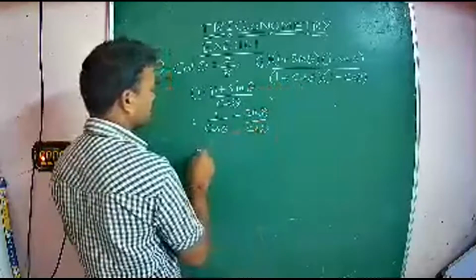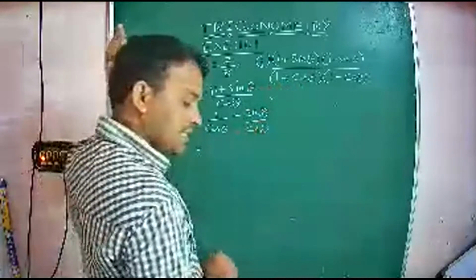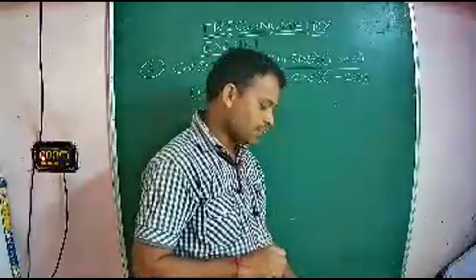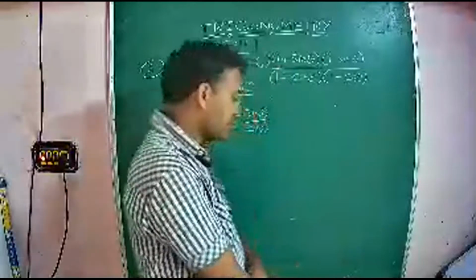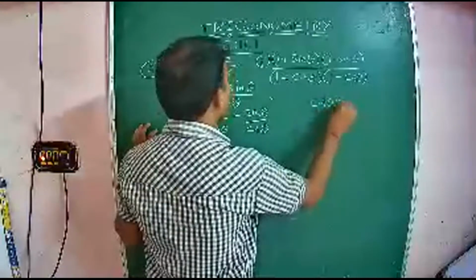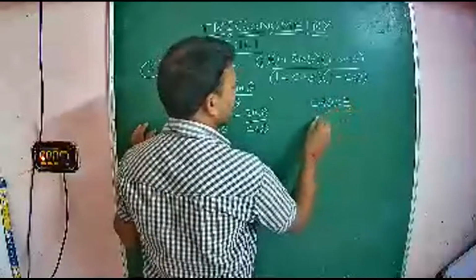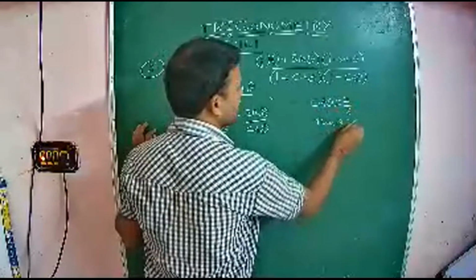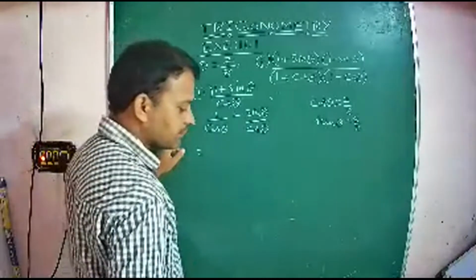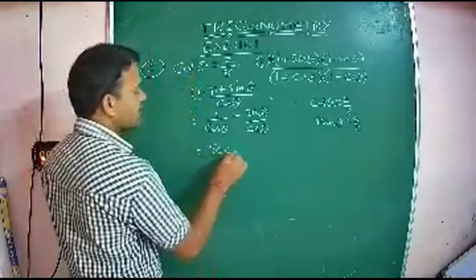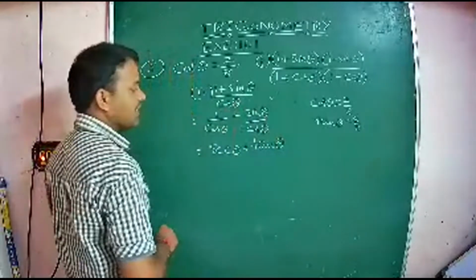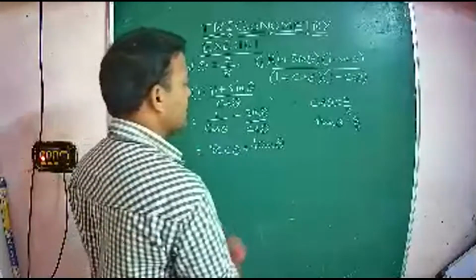Now, if cot theta is equal to 7 by 8, what about tan theta? The reciprocal, so it will be 8 by 7. So this 1 by cos theta is nothing but secant theta, plus this is nothing but tan theta. Clear everybody? So secant theta plus tan theta.